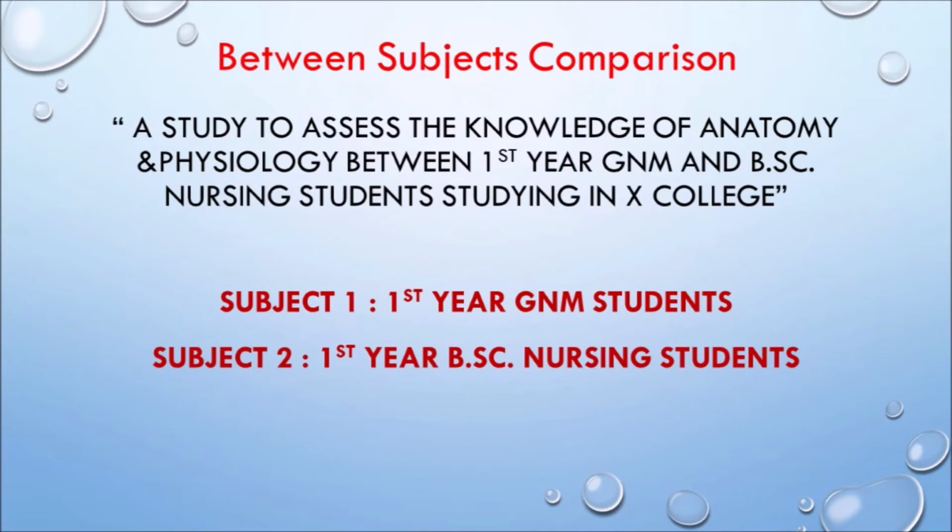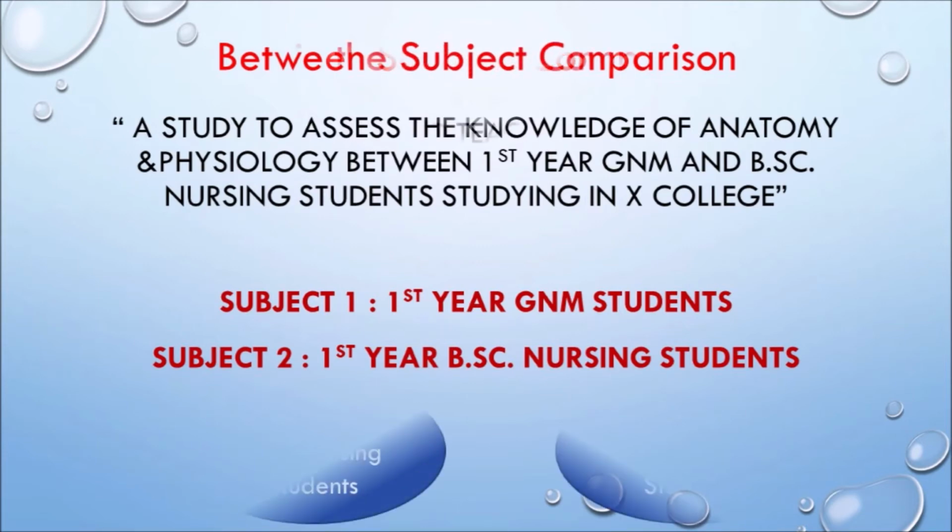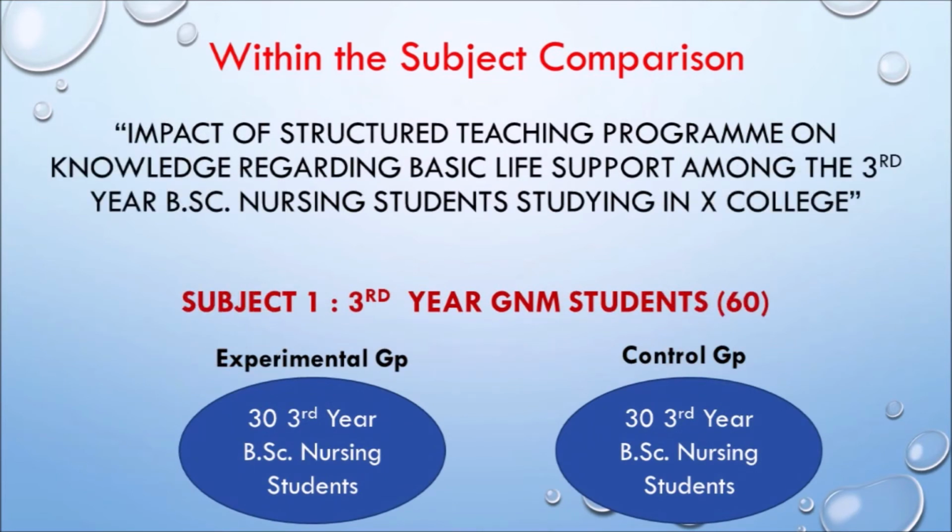Let us take another example, that is impact of structured teaching program on knowledge regarding basic life support among third year BSc nursing students studying in X college. Here we find only one group, that is third year BSc nursing students.